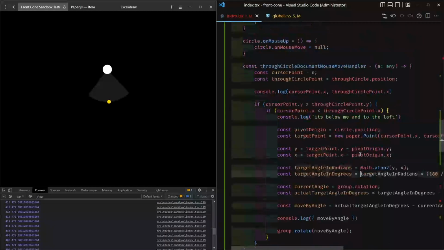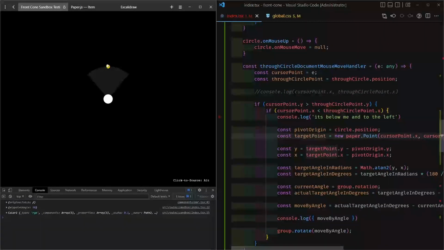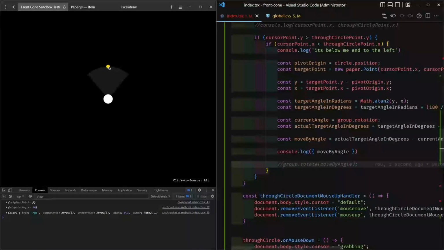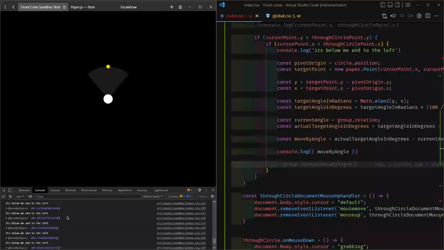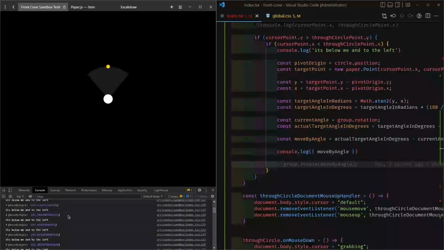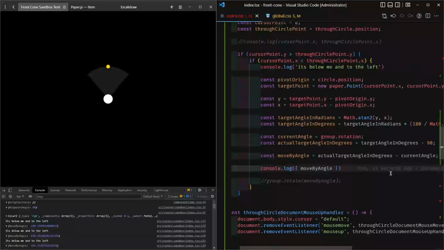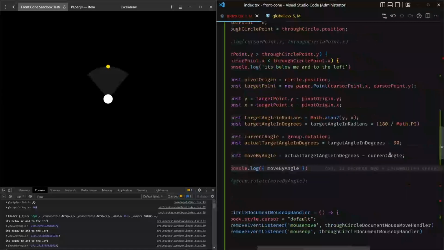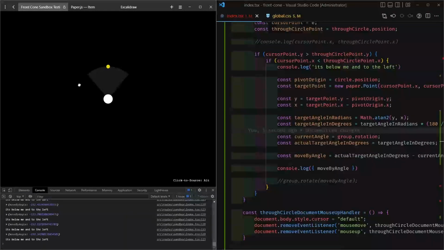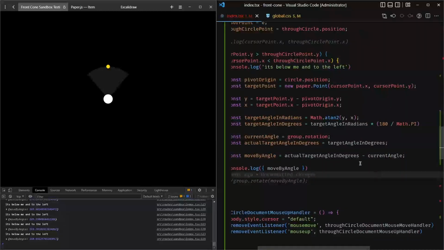Let's stop console logging these. Negative 184. Before we did this, what was it looking like? 204. If we just do this, subtract that, what does it give us? For some reason it's opposite.